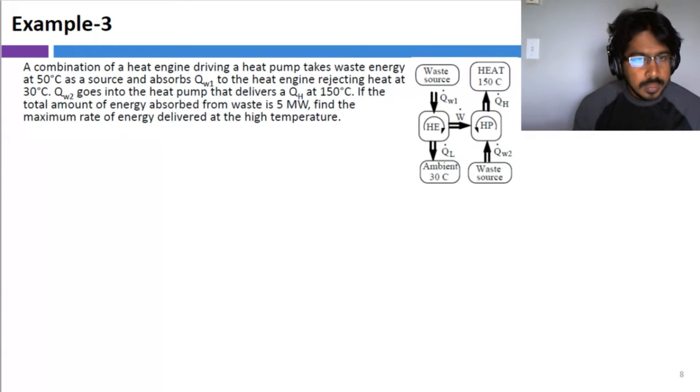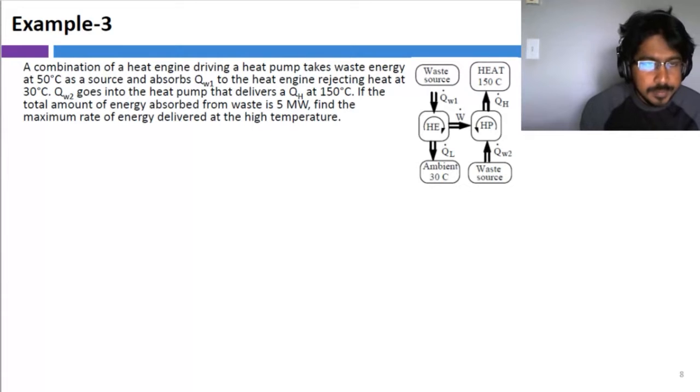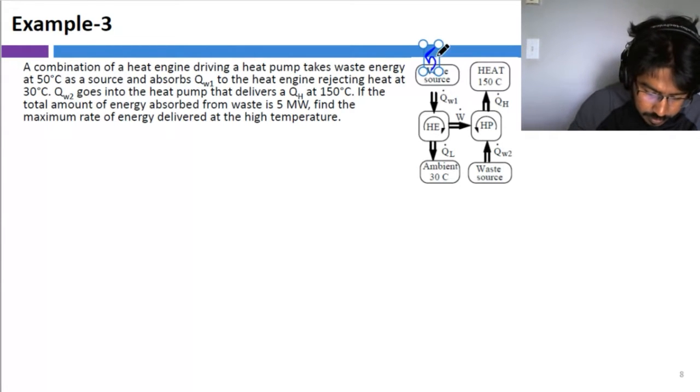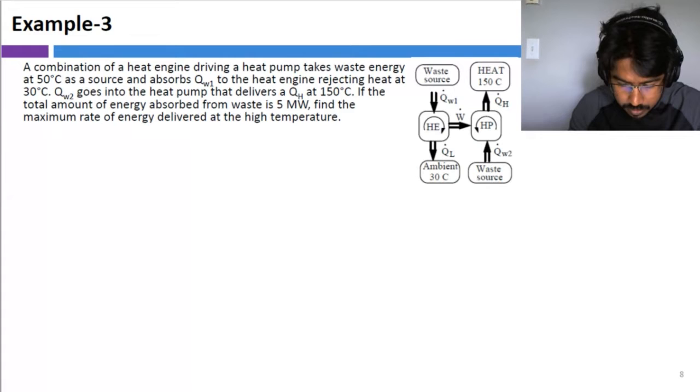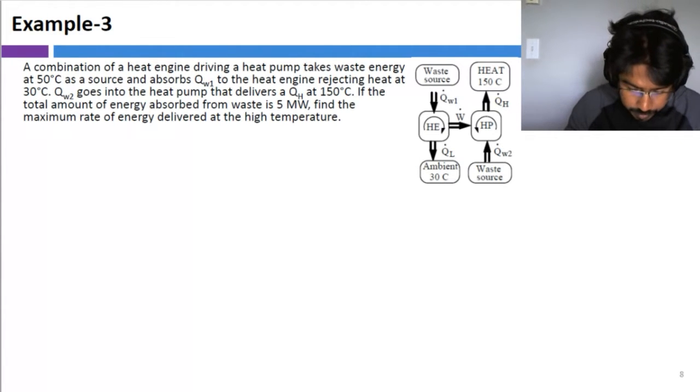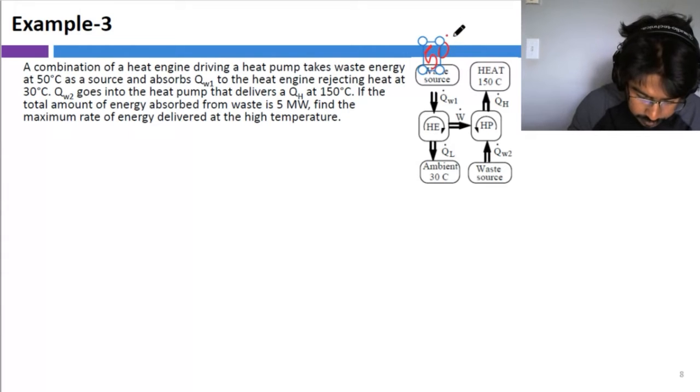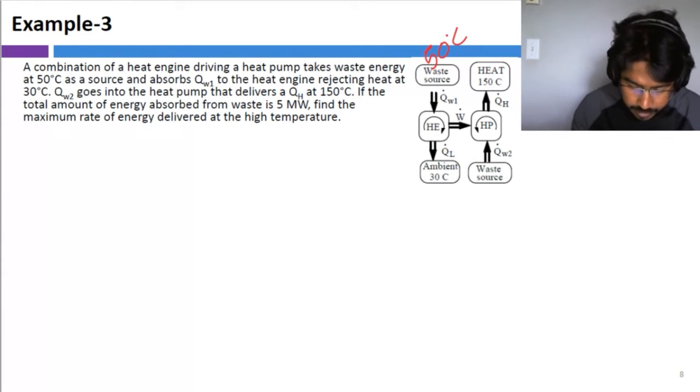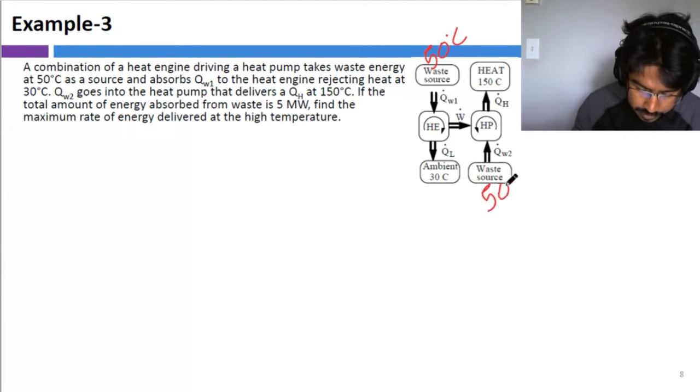So this is again a combination of a heat engine driving a heat pump, which takes waste energy at 50 Celsius. So the waste source is at 50 Celsius, right? That means the temperature here is at 50 Celsius, and the waste source is here as well.